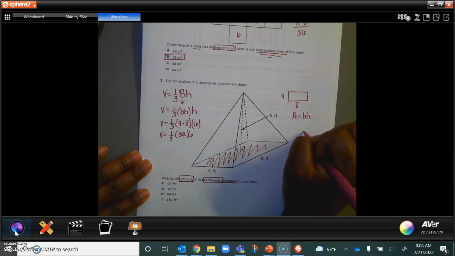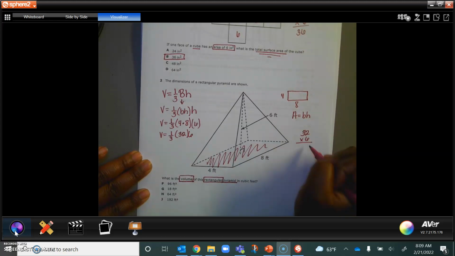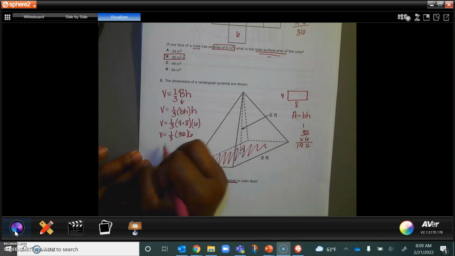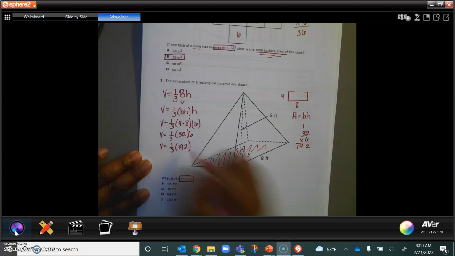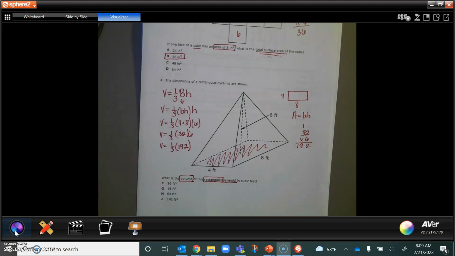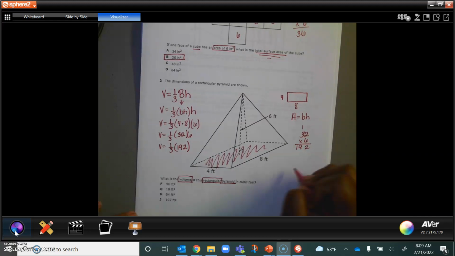Okay, so I do 32 times 6. That's 192. So volume is equal to 1/3 times 192. Remember, multiplying by 1/3 is the same thing as dividing by 3.